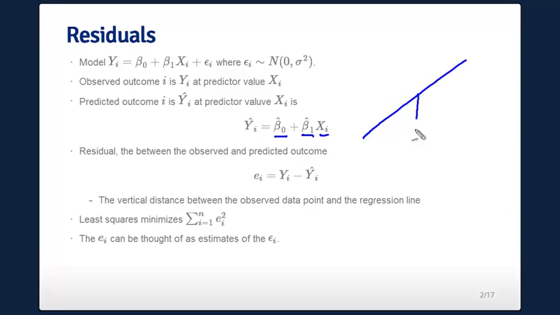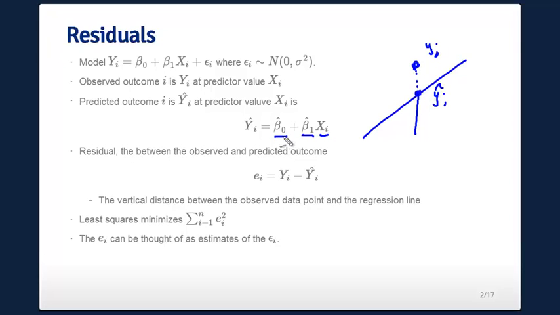So that is the value at the regression line, right? That's yi hat. And the actual data point, that's yi. And remember, our least squares criteria minimizes the sum of the squared vertical distances between the observed data point and the fitted line.